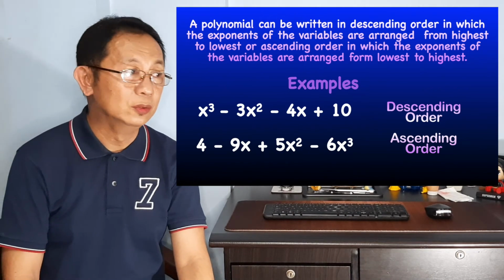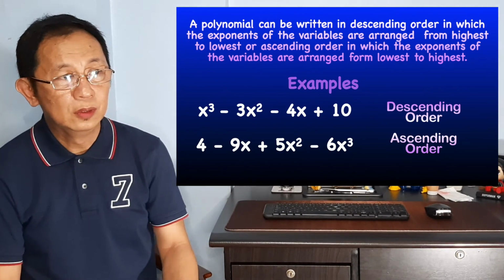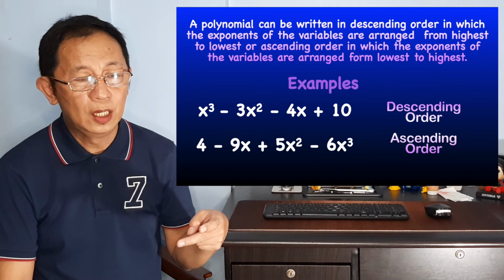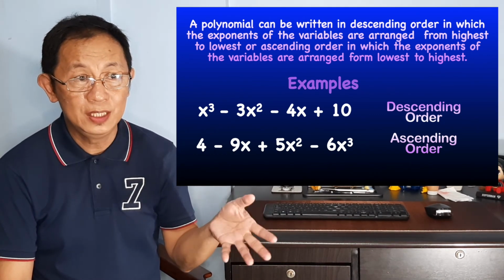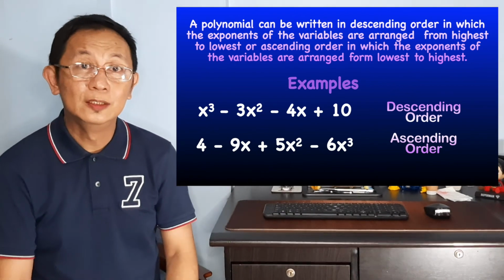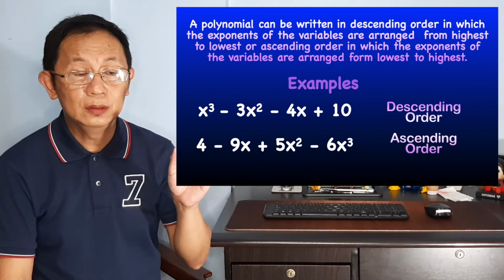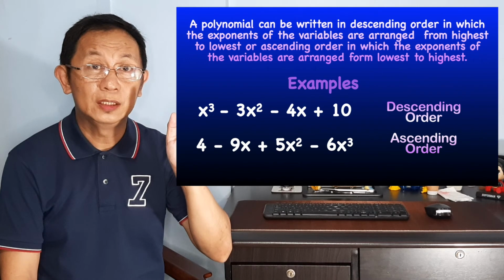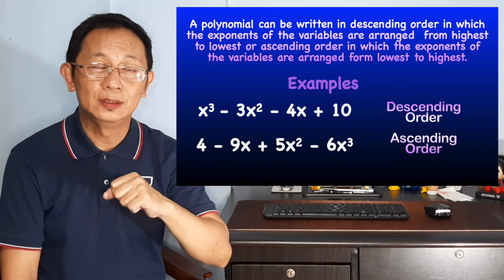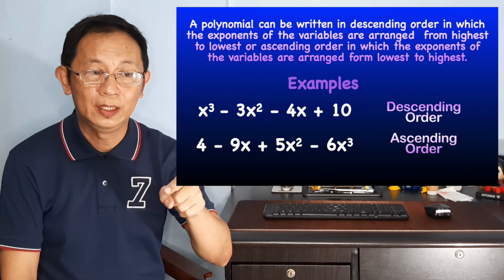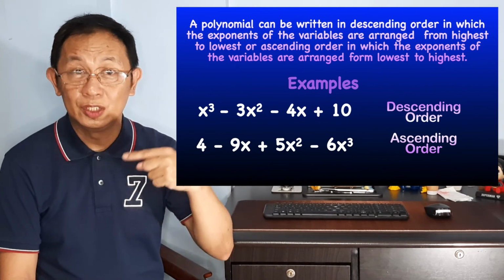How about, sir, kung merong one or more than one variables. Halimbawa, x, y, a, b, m, n, mga ganon. So, ang first na i-consider natin is according to alphabetical order. No? So, m muna bago n, saka natin i-consider yung exponents.